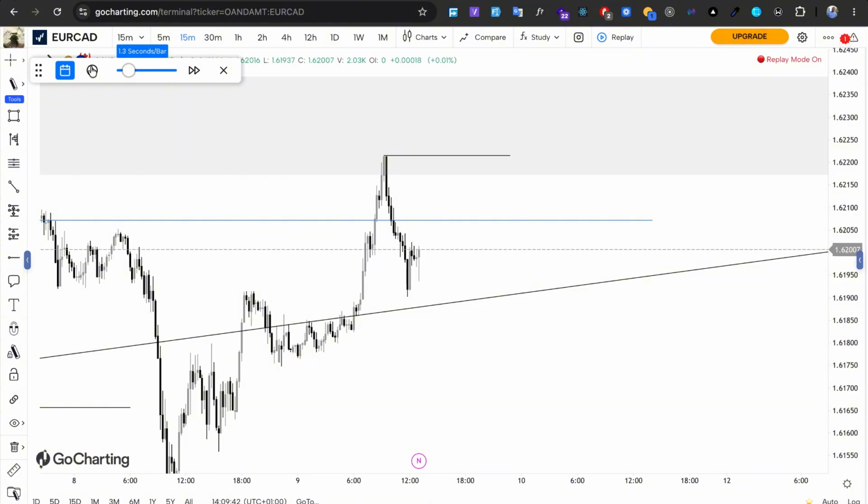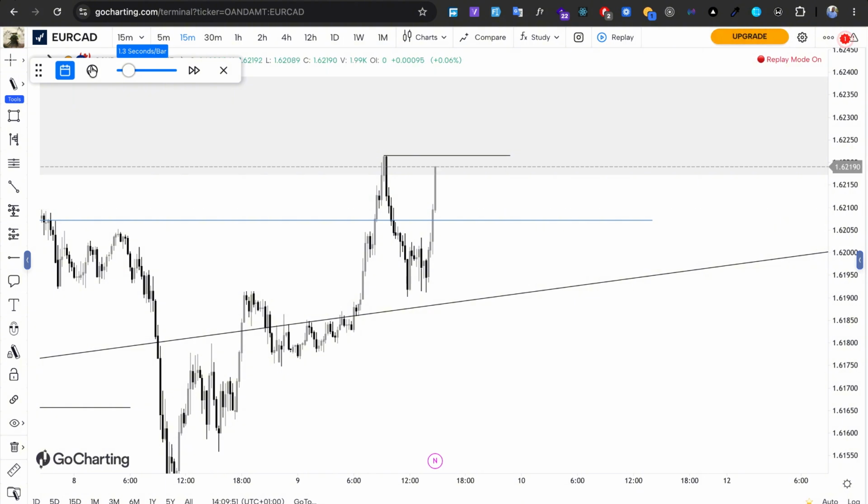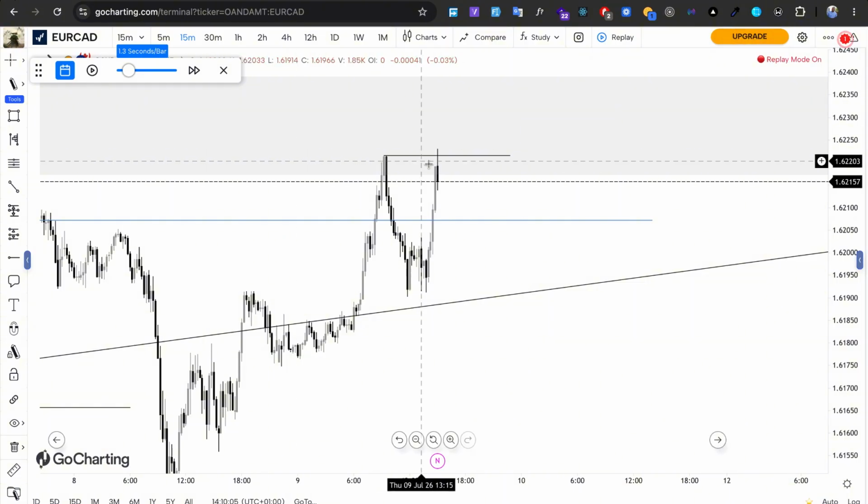When that plan is not in place, or your checklist is not met, just let it go. It will save you a lot of losses, because when you start giving in to FOMO, that's when you start losing money. So see what happened, right?